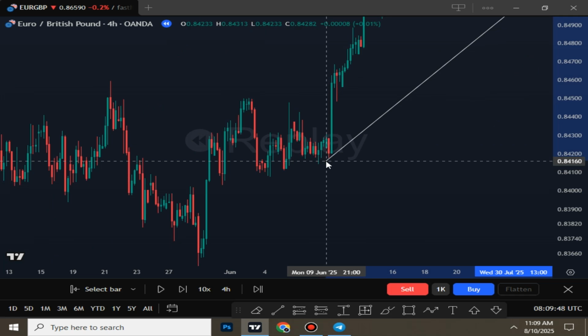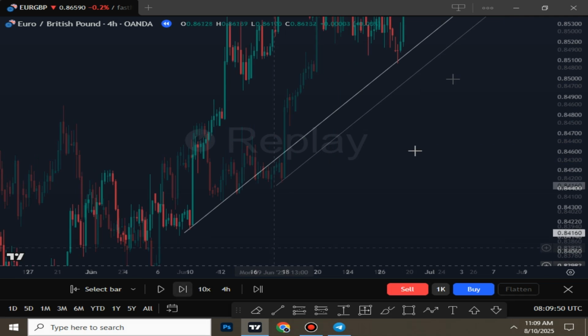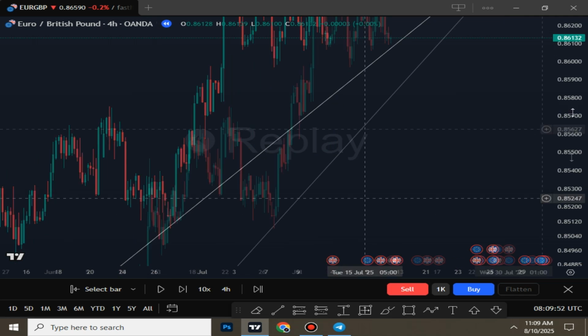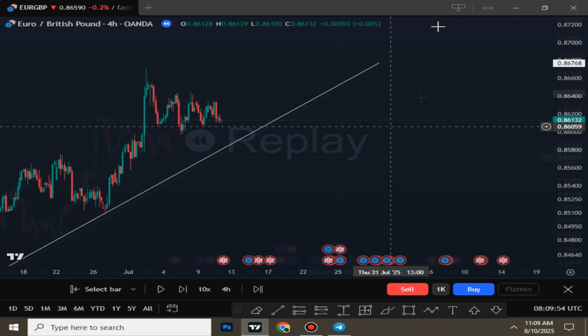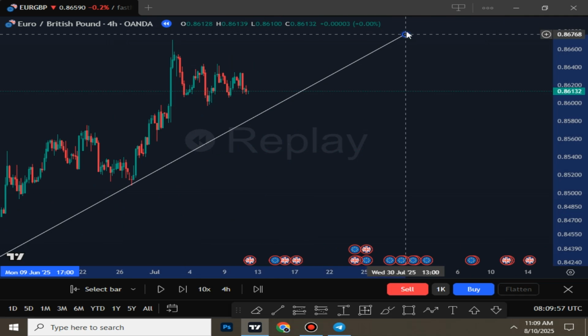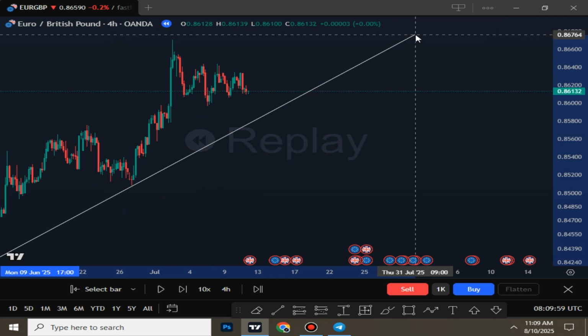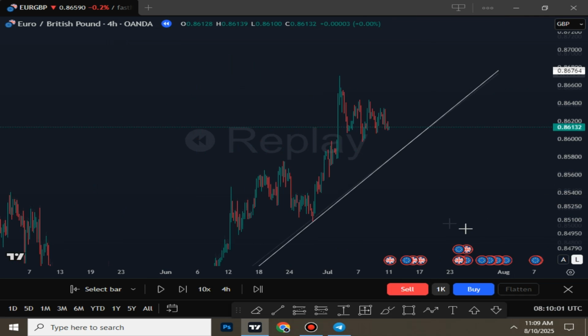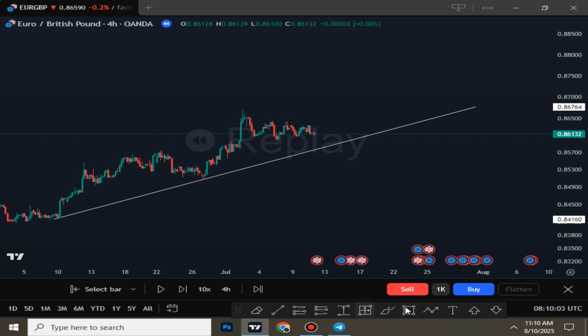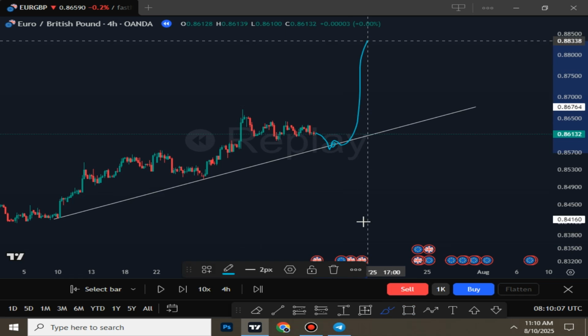Like I say, make sure the wick is catered for. Now you see we've missed that right there. My anticipation always is, you can wait for the third touch. Make sure the market hits your third touch right there before you look for your entry.